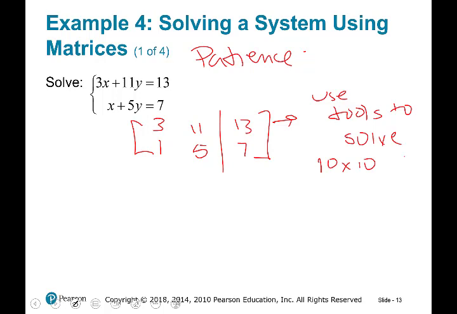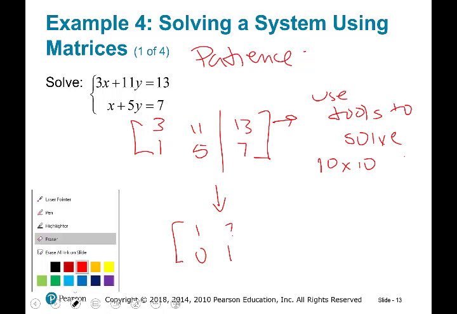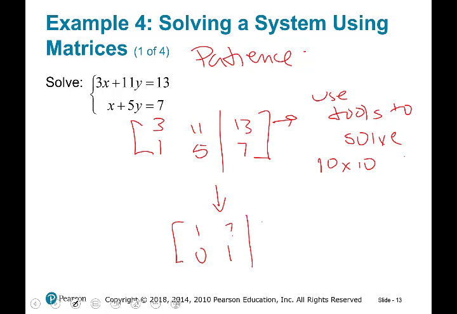Okay. So what we want is for this to end up in row echelon form. So I'm looking for this to be like 1, 1, 0. Here I could have any number. Here I'm going to have also any number.